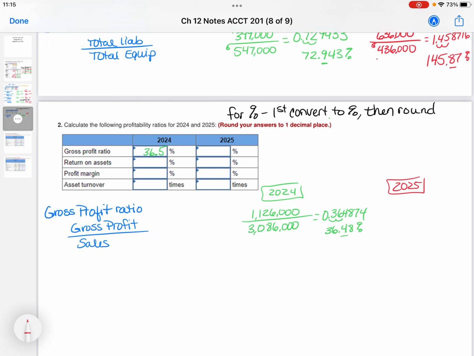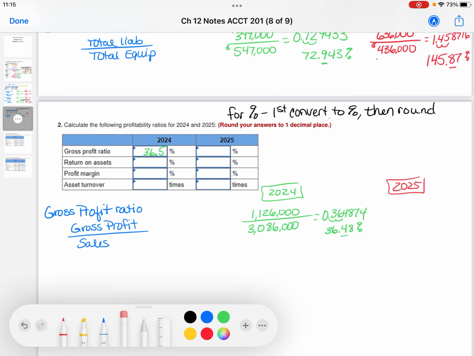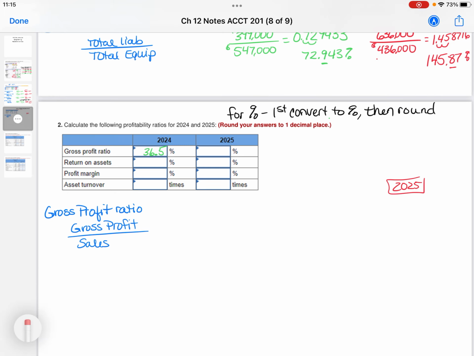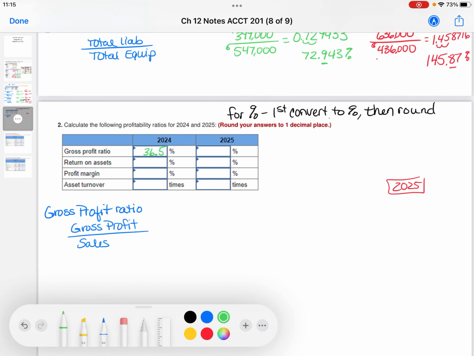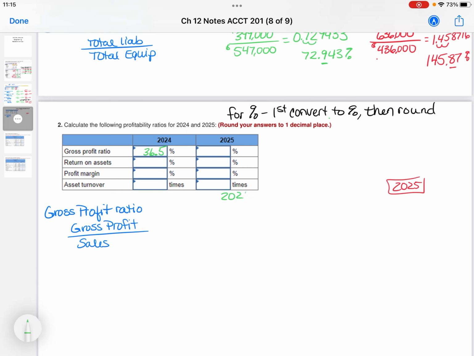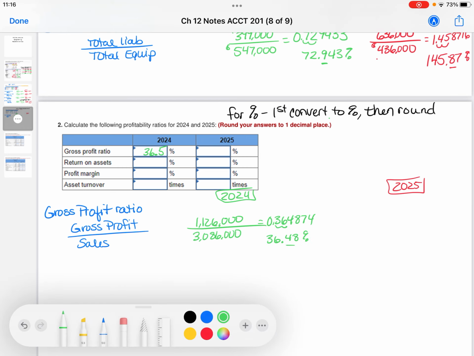Oh boy, I did not give myself enough room for 2025. Oh, let me move this around just a little bit so that we have a little more room. Okay.